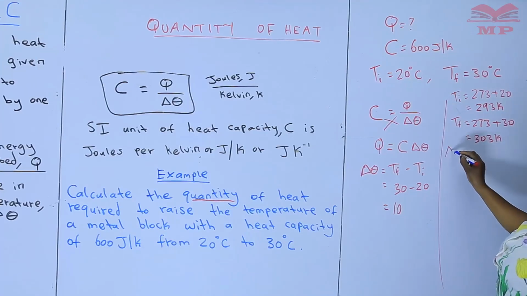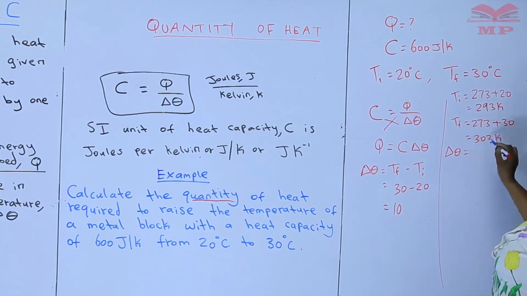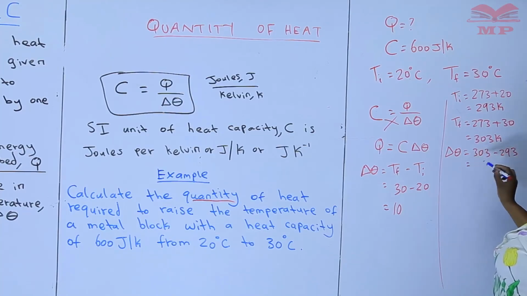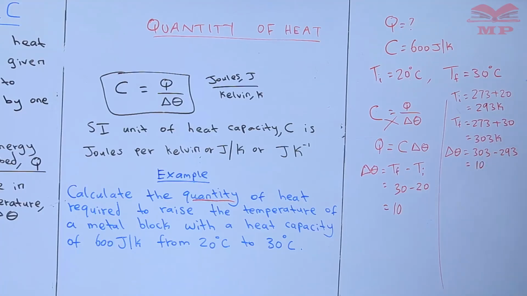So it means that the change in temperature will be 303 minus 293, and 303 minus 293 will still be 10. So you don't need to convert this into Kelvin and this one into Kelvin so as to get the change. Even if you are given degrees Celsius, the change will be the same.